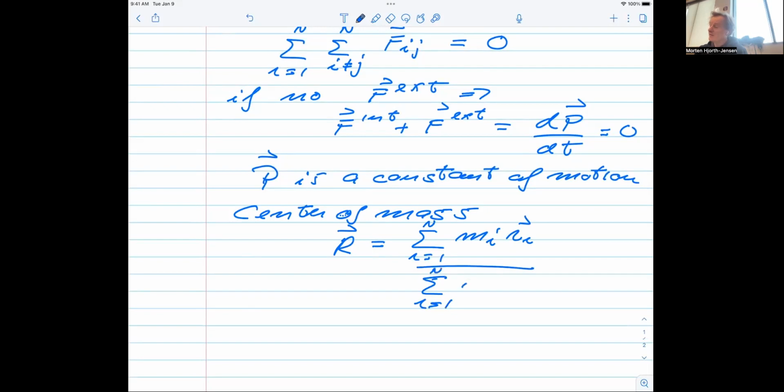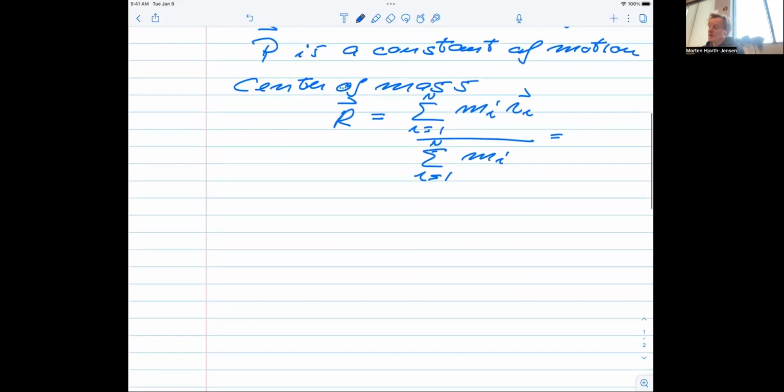The masses are additive, and we would typically rewrite this as a sum over all the momenta, because this quantity, i equal 1 up to n, when we take the derivative, is going to be equal to the momentum, but let's keep it like this for now.